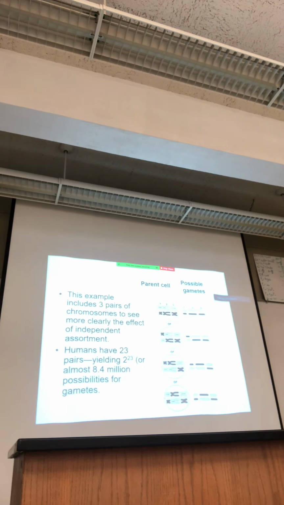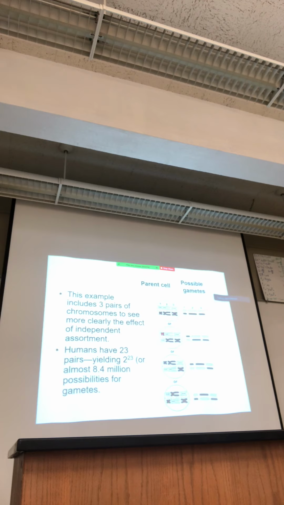So here's a picture where you have 3 chromosomes. And there are 4 different ways you can line up those chromosomes. If we choose to make the father the white ones and the mother the black ones here, you could have all the fathers on one side, all the mothers on the other.